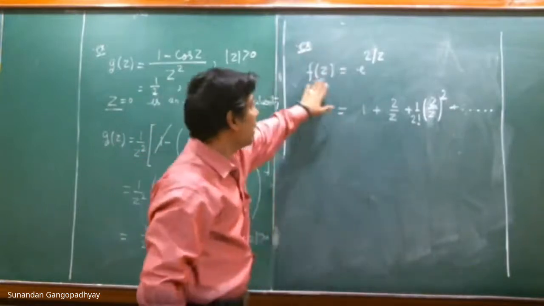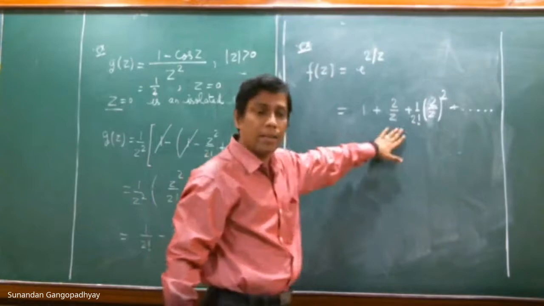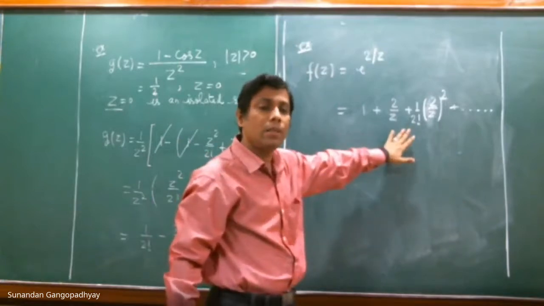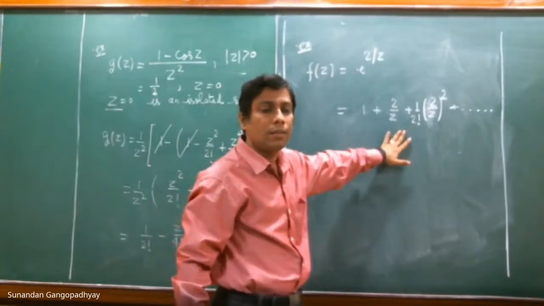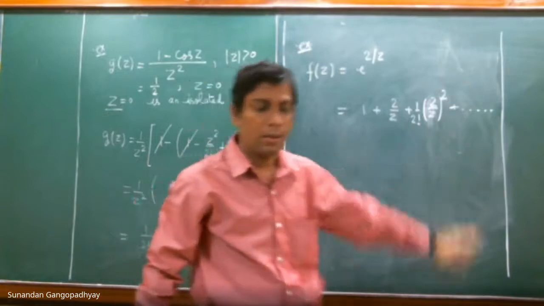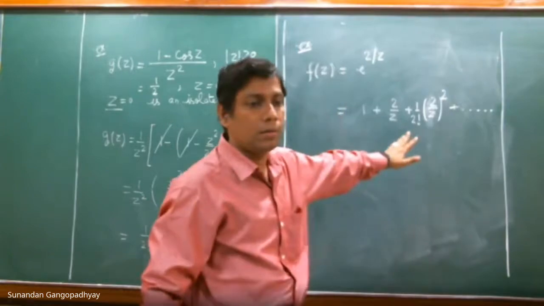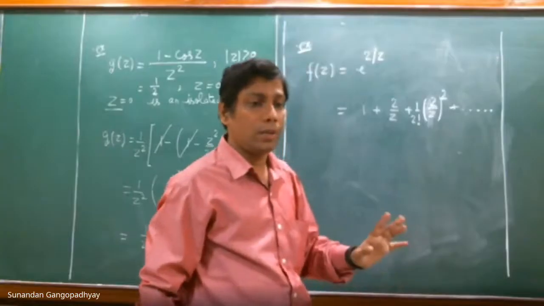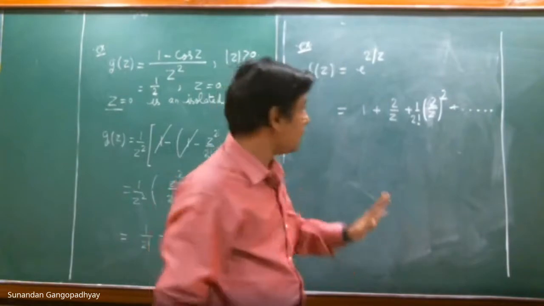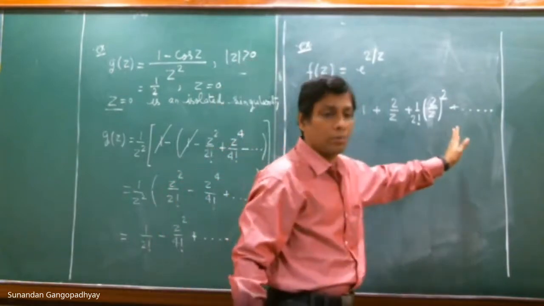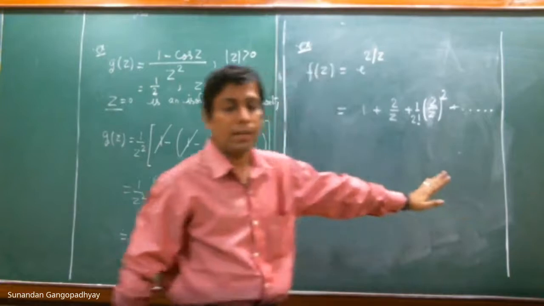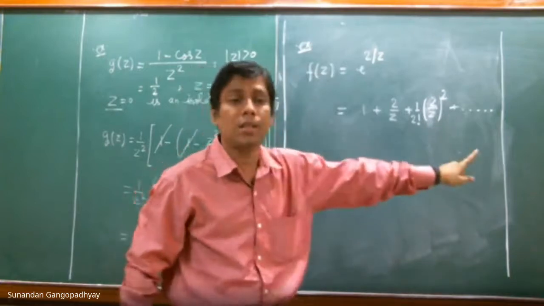What kind of a singularity is this? It has a singularity at z equal to 0. In what category will it fall? Non-removable. Not only non-removable, yes, it is obviously non-removable, you are correct. But this is an essential singularity.